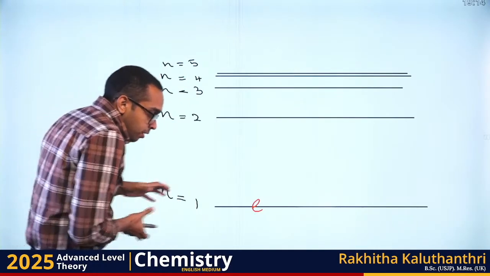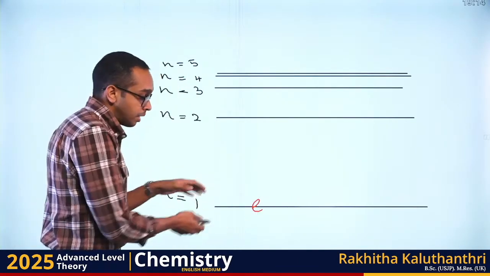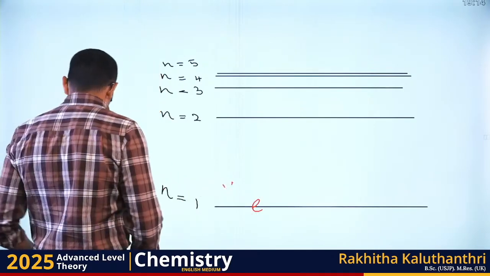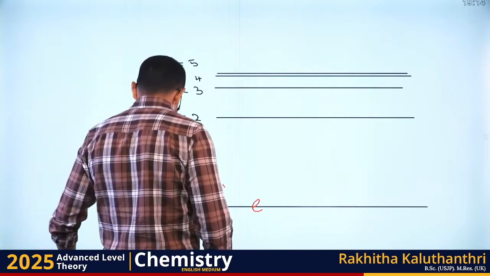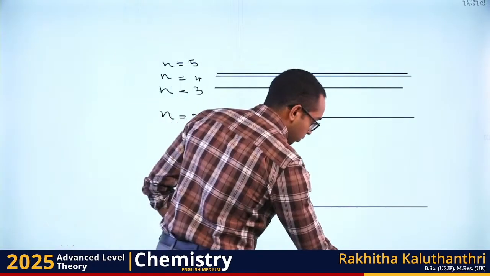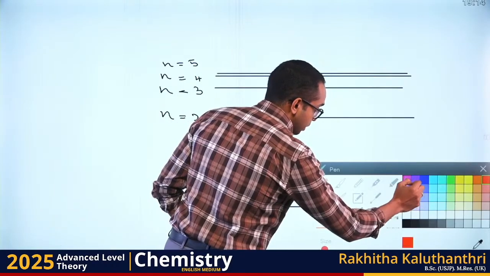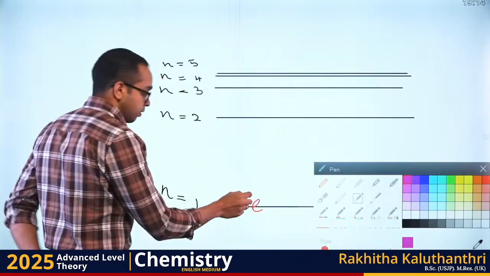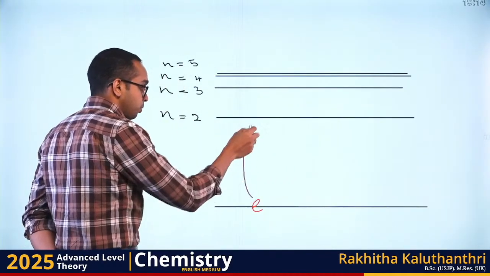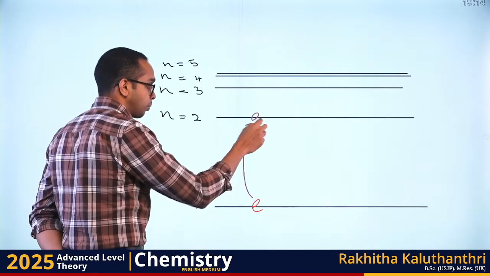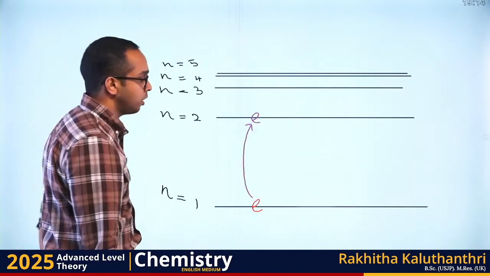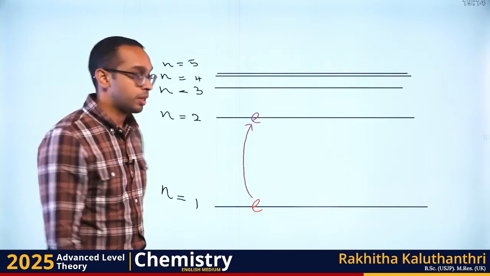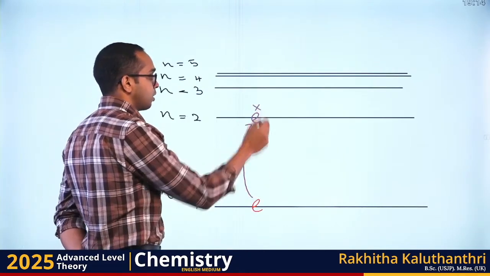But if we provide energy to the electron, the electron can absorb energy and can move from the ground state, or this particular energy level, to a higher energy level. Now in purple I'm going to show you the excited states of that particular electron.